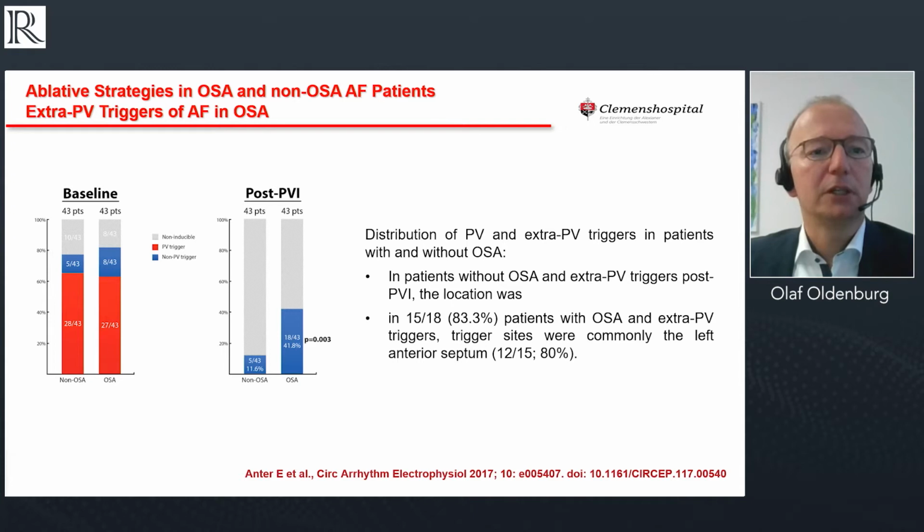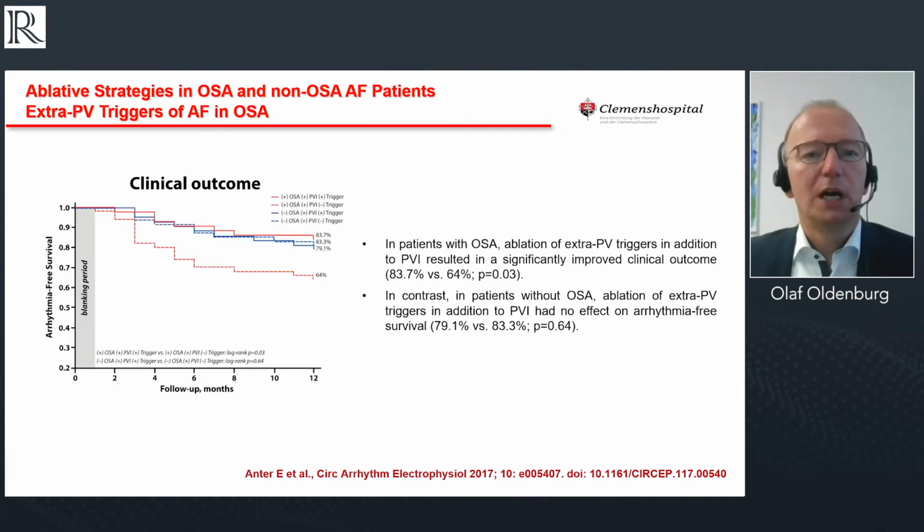But after you did the procedure, you were left with the non-PV triggers here, and this is especially true for the OSA patients, meaning that OSA may require more than pulmonary vein isolation to get good results of your EP procedure.